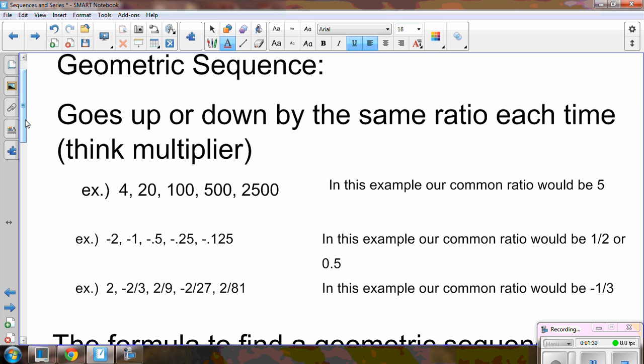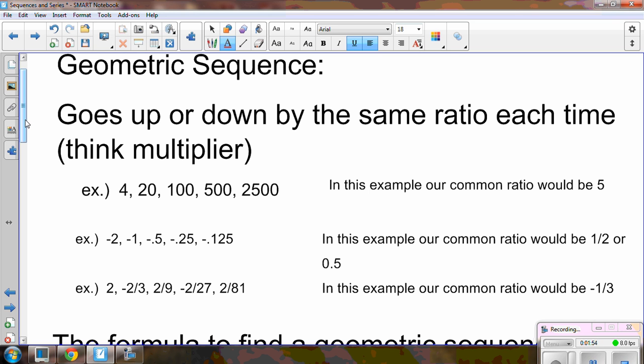But if you notice that alternating pattern, you are probably multiplying by a negative number, because a positive times a negative is a negative, but then a negative times a negative will give us a positive. And if you notice that only the bottom is changing, then you are probably multiplying by a fraction where the numerator is 1. Okay, so in this example, our common ratio would be negative 1/3.